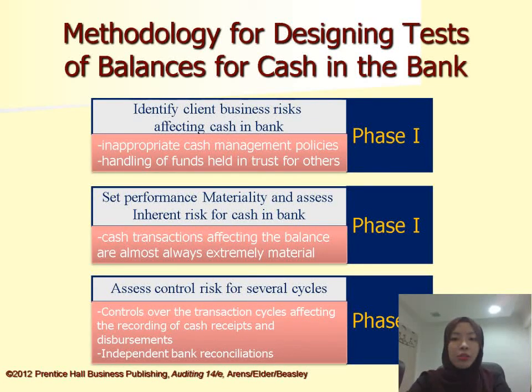A careful bank reconciliation by a competent client personnel includes the following actions. Compare canceled checks or electronic bank records of payment with the cash disbursement record for dates, payee and amount. Second is examine canceled checks or electronic bank records of payment for signature, endorsement and cancellations. Then compare deposits in the bank with recorded cash received for date, customer and amount. Most accounting software packages incorporate bank reconciliation as a part of an end of month procedure.